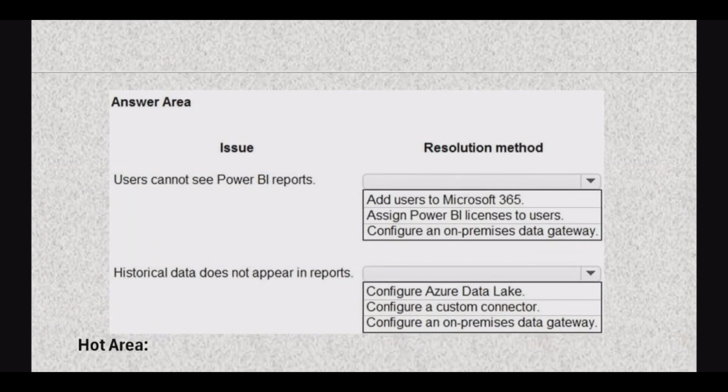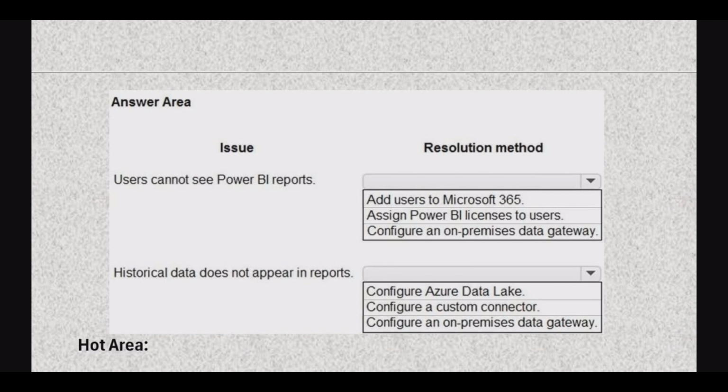The first issue is users cannot see Power BI reports. The options for the resolution method are: option first, add users to Microsoft 365. Option second, assign Power BI licenses to users. Option third, configure an on-premise data gateway.